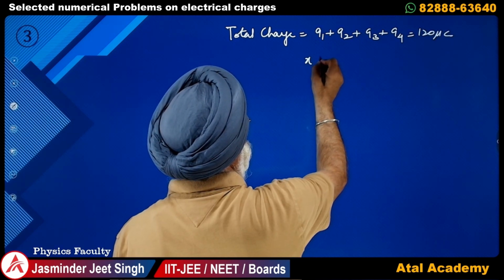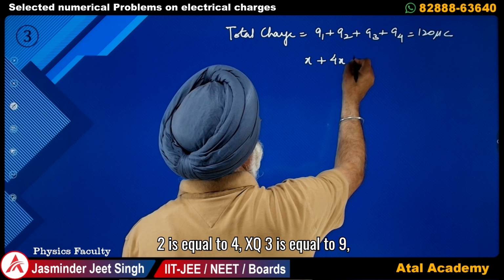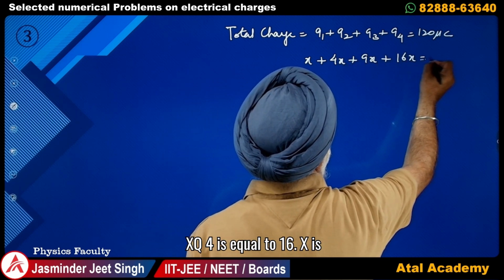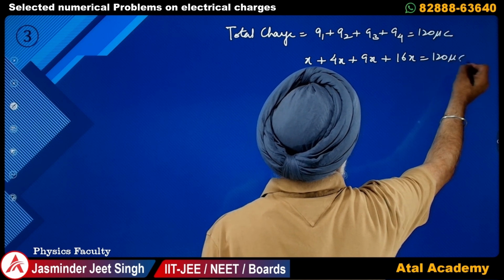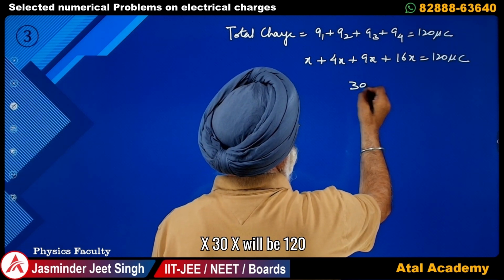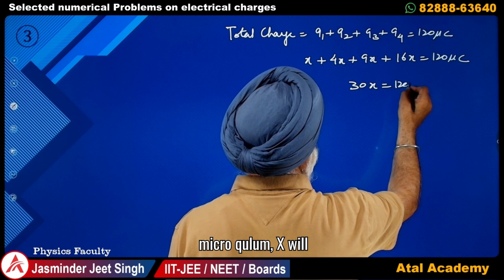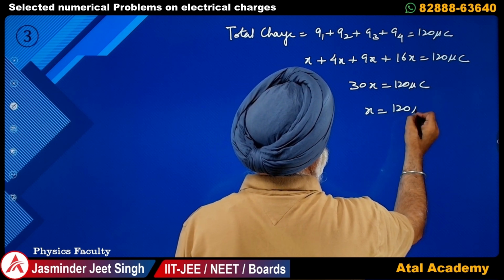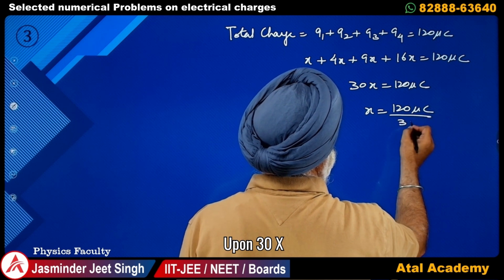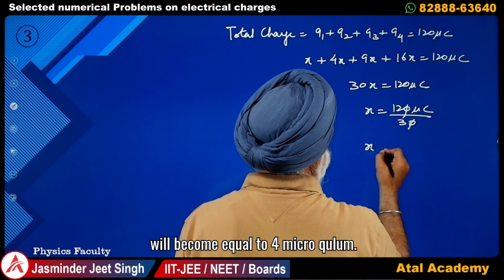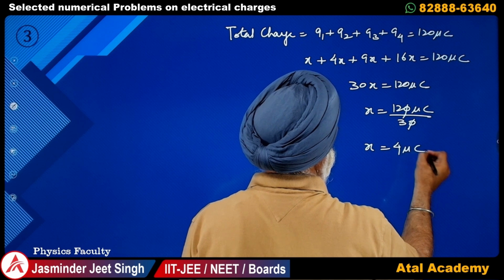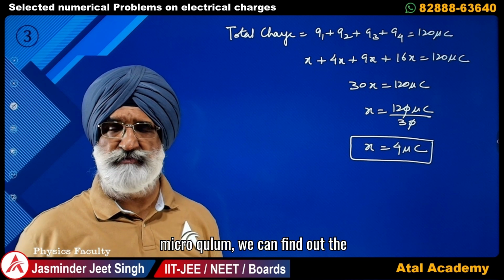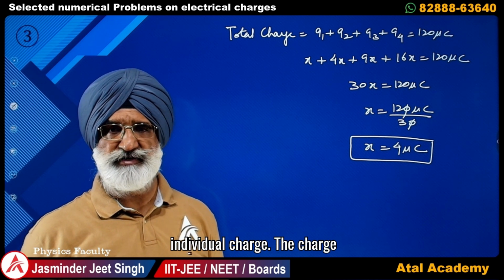Q1 is x, Q2 is equal to 4x, Q3 is equal to 9x, Q4 is equal to 16x, and the sum is equal to 120 microcoulomb. 30x will be 120 microcoulomb. X will become 120 microcoulomb upon 30. X will become equal to 4 microcoulomb. Now when we know that X is equal to 4 microcoulomb, we can find out the individual charge.